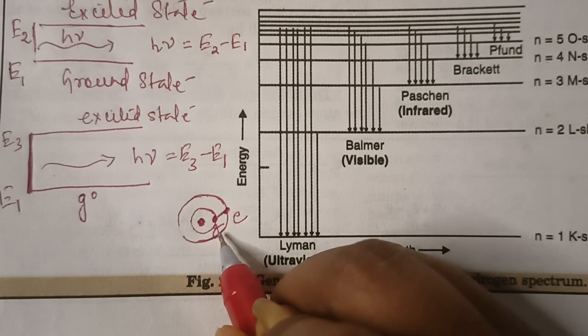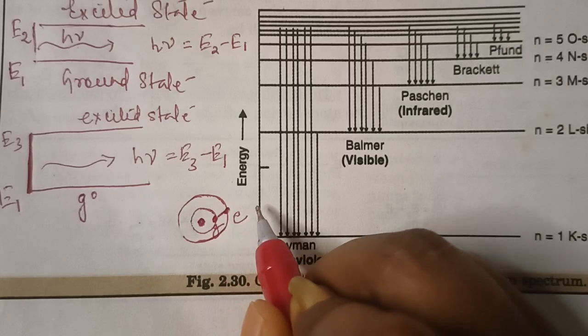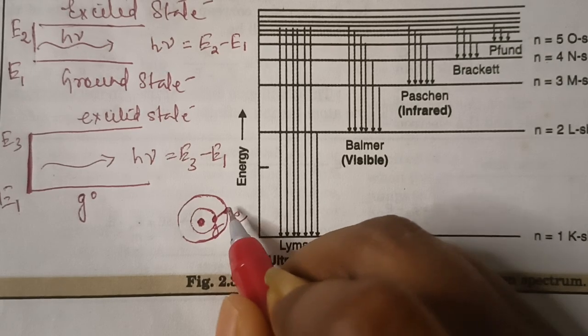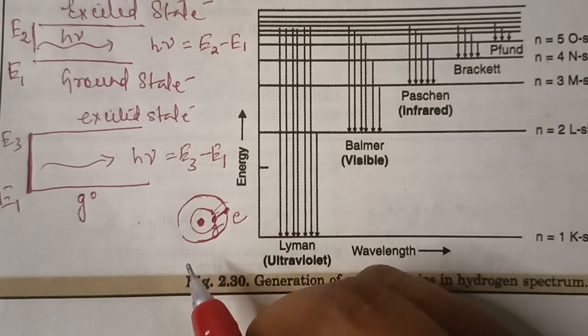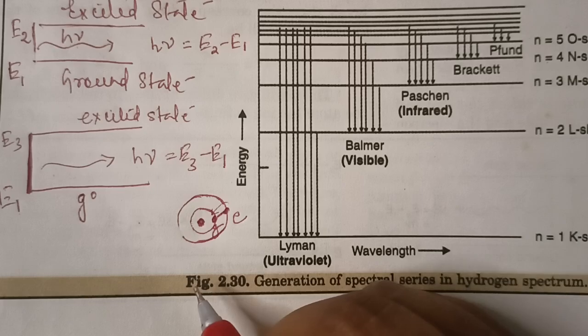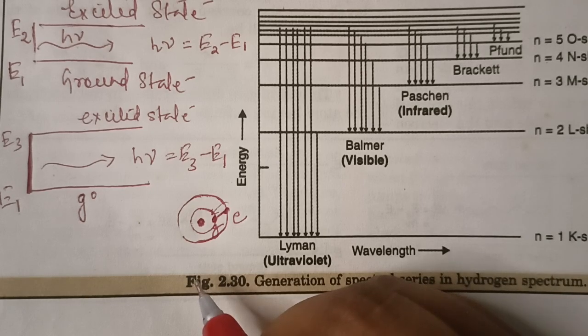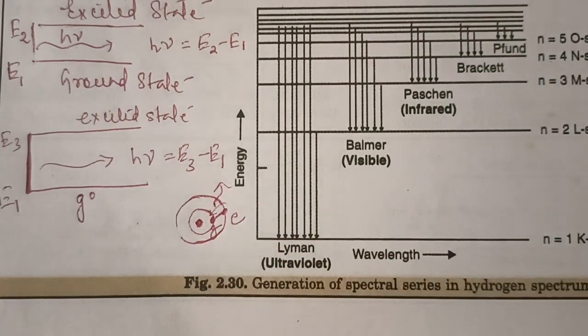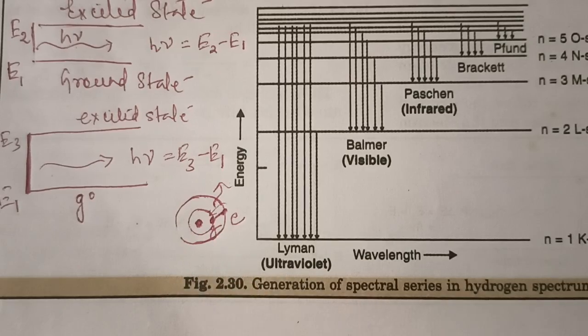So the excited state is usually unstable and the electron tends to come back to the original ground state, which is the lower energy level. With the jump, energy is emitted in the form of a quantum. We already know about this concept from our previous knowledge.